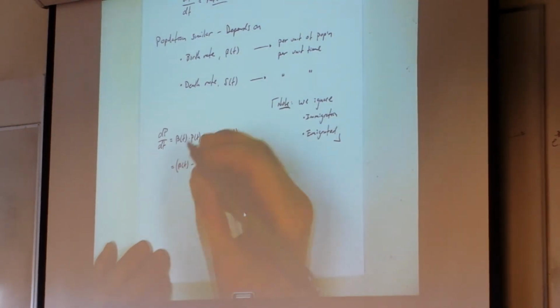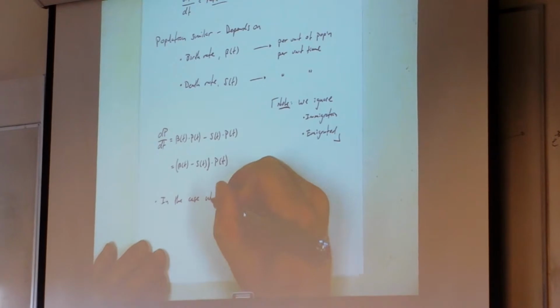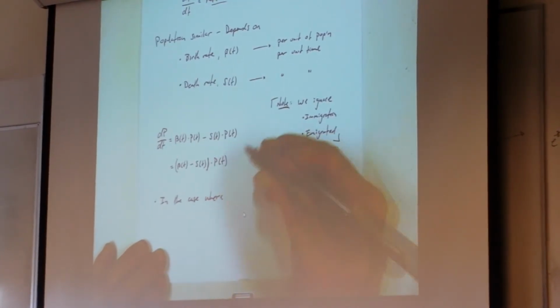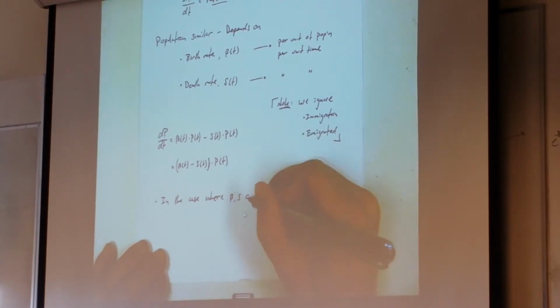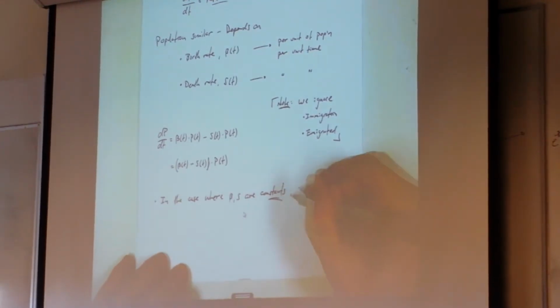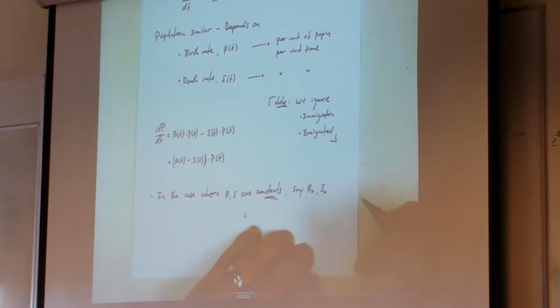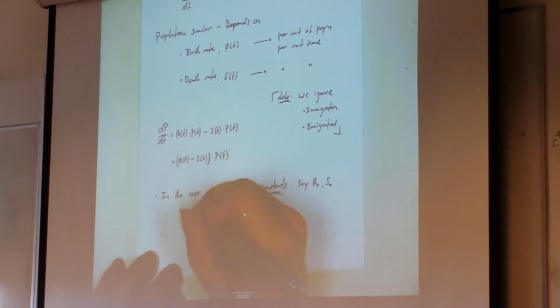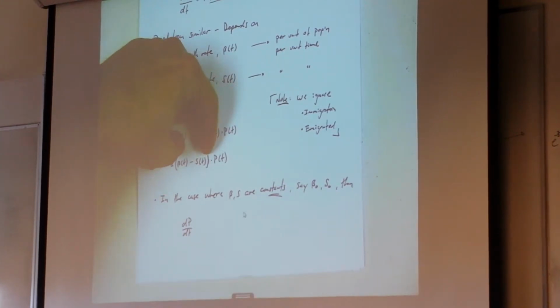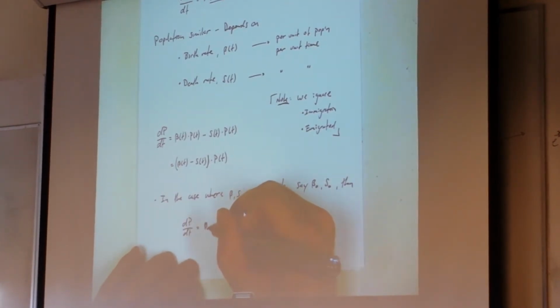In the case where the birth rate and death rate are constant, so if you can count on that, call them beta naught and S naught, then dP/dt is going to be beta naught minus S naught times the population.